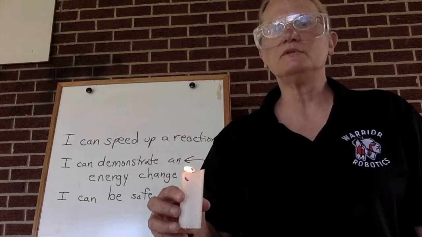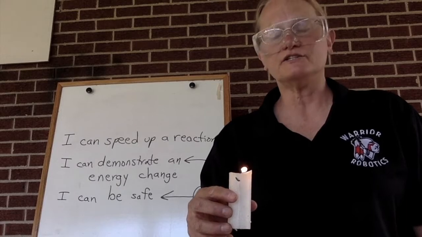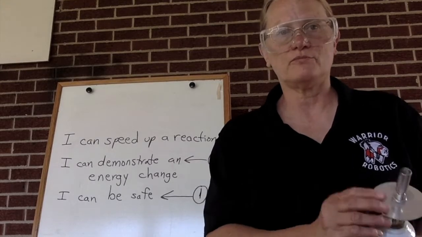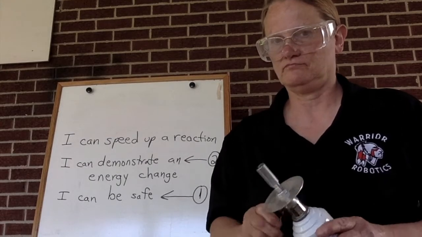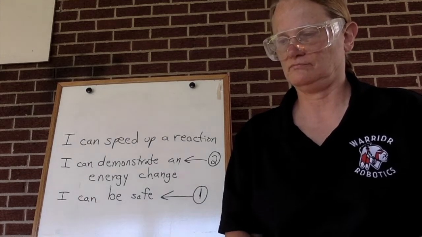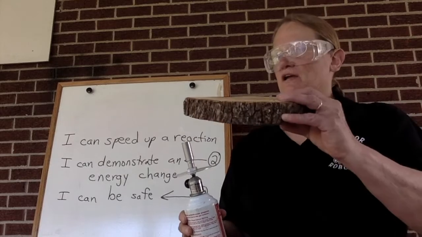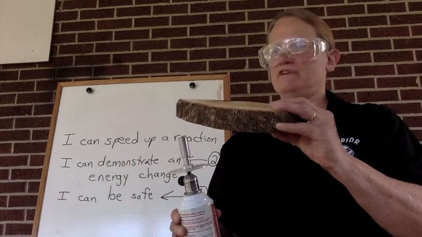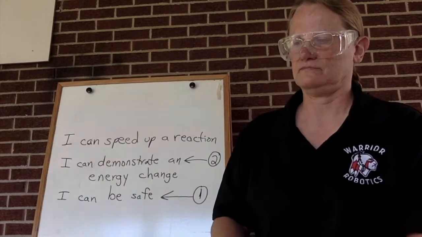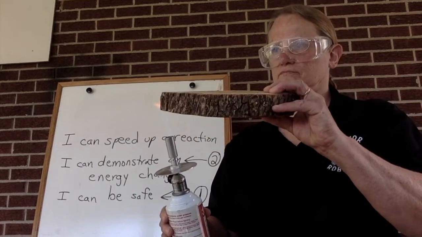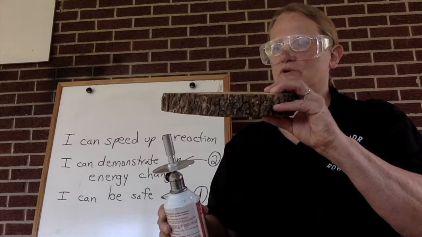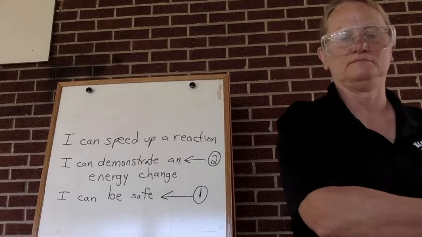When a candle simply isn't enough flame, I like to go with propane. Now we burn it. That should get us started pretty fast. Yeah, I believe we're burning now. Let's turn that off.